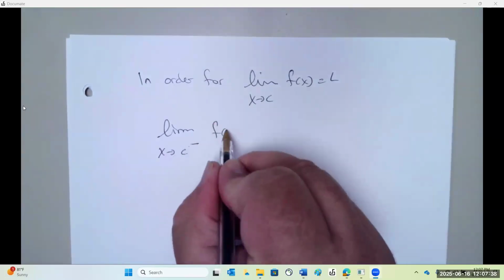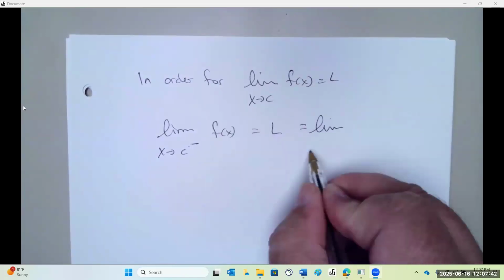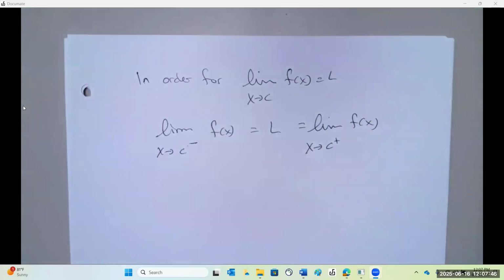We have to be able to go from the left, and we have to be able to go from the right. It has to be both sides. So you see, we just expanded the definition of continuity: the function has to exist, it has to exist from the left side and from the right side, and they all have to be the same.